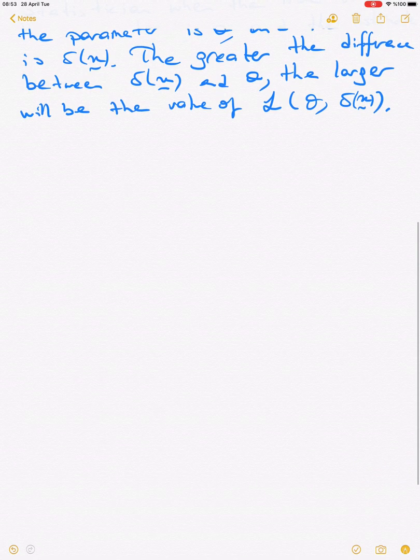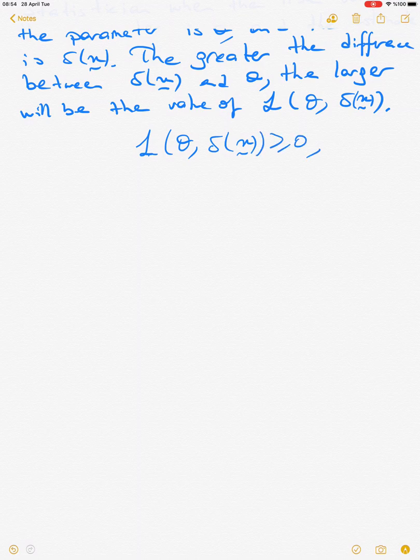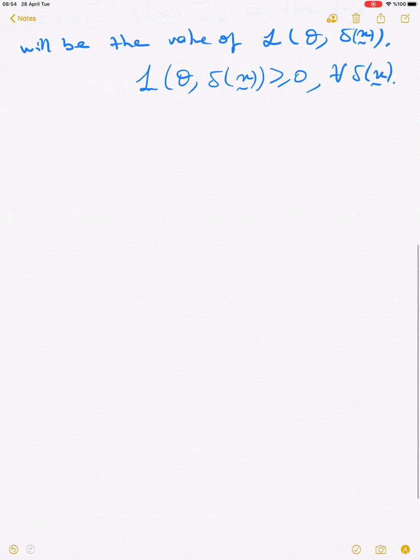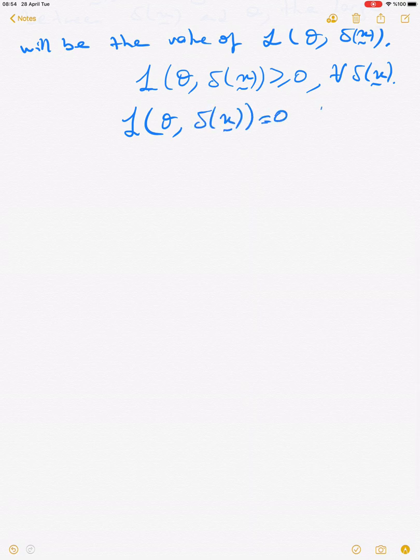Basically, since this is a measure, it should be positive, right? Or non-negative, let's say. If it is 0, then the estimate and the parameter are exactly the same. So it should be greater than or equal to 0 for each delta value, and equality happens for the case delta x equals theta.